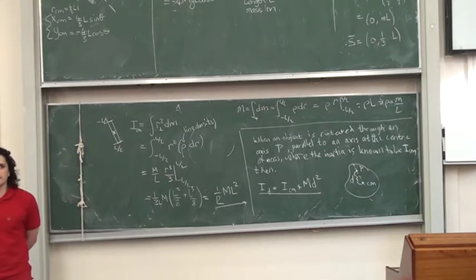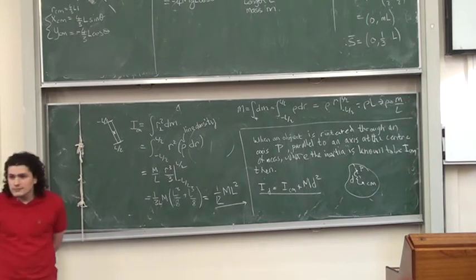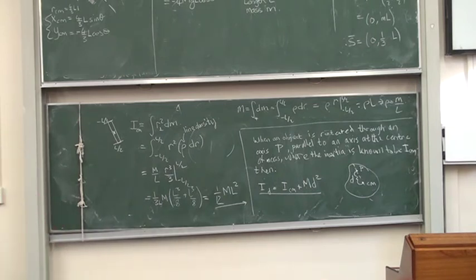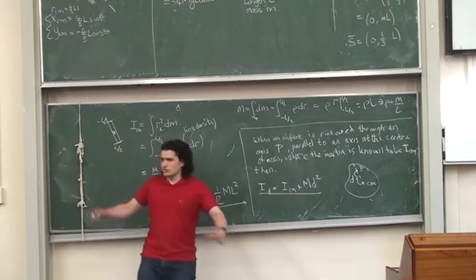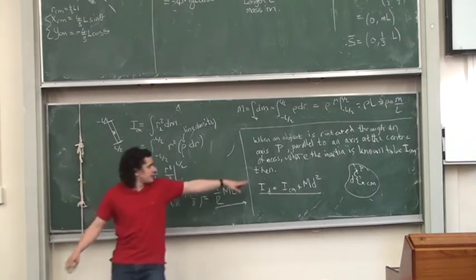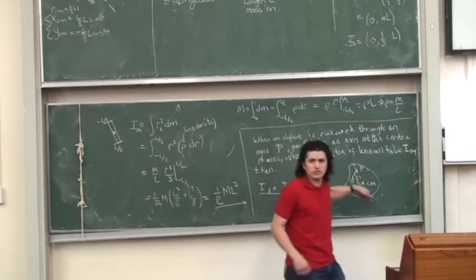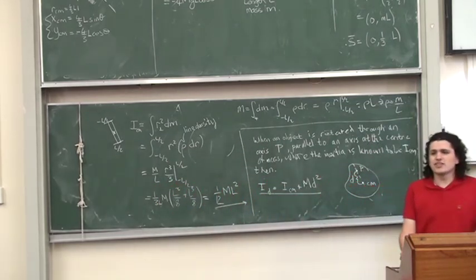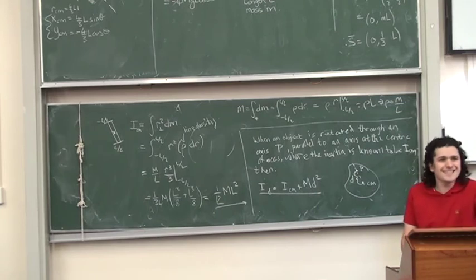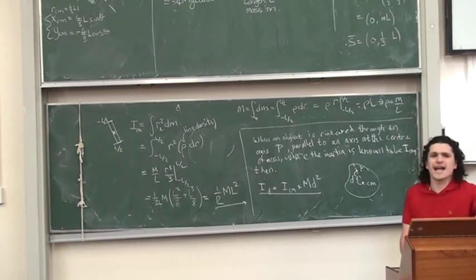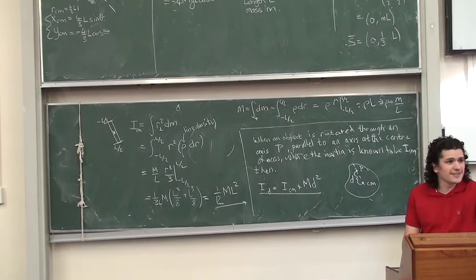Why? So, I'll say it again. When an object is rotated, choose in a 2D object like this, a point about which to rotate that object, such that the rotational inertia is the least, and explain to me why the rotational inertia is the least at that point.